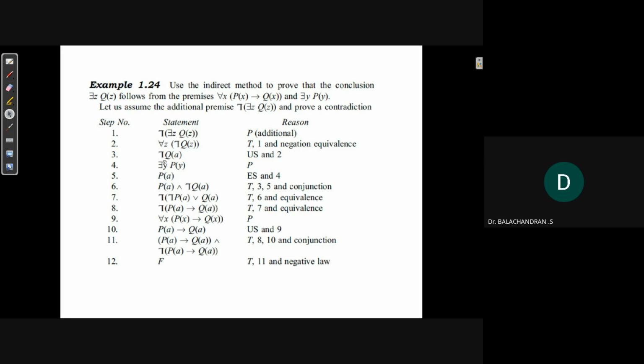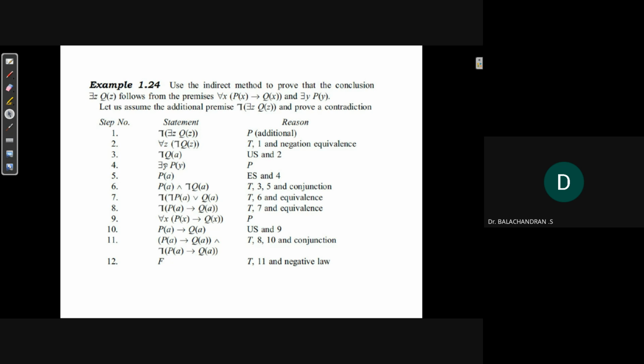Here there exists y P of y, here negation Q of a. So from 4 to 5, I am using rule ES. I have P of a. Now if you have any doubt, you can use, but this is not a problem in this problem.